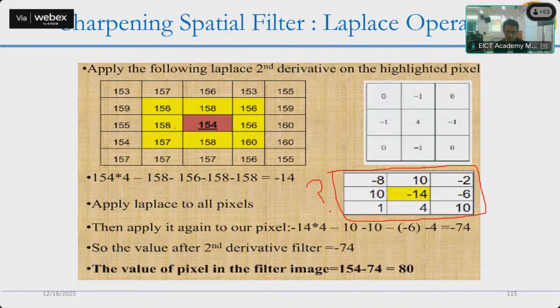In the same way, we need to calculate the value for the other pixels also. You are able to apply the second derivative when you are able to calculate all these values for every pixel.